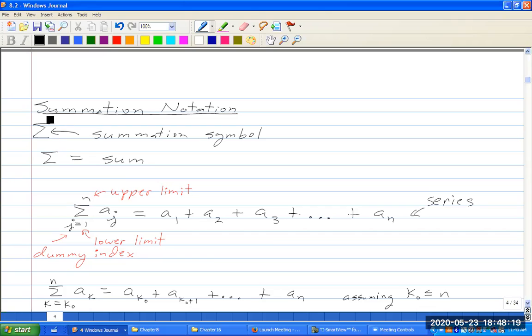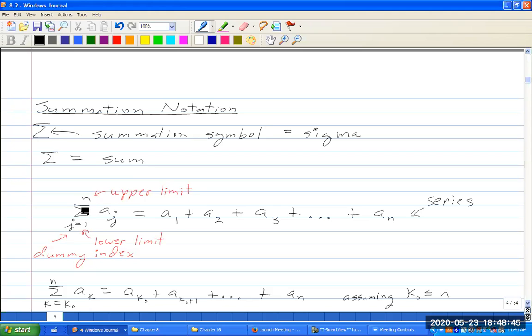It's the capital Greek letter sigma. It denotes the sum. So if you've ever looked in Excel, you'll notice that they have this symbol here. And when you click on it, it just adds whatever quantity you're highlighting.